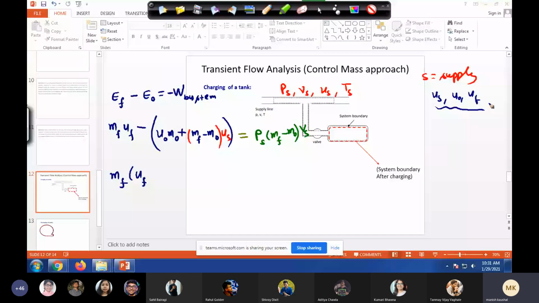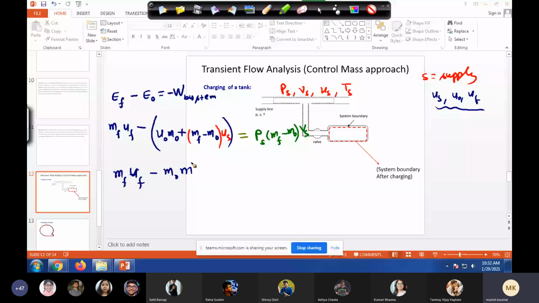Let me arrange this. I'm just trying to arrange it properly. So MF UF is fine, and this, MF minus M0 U0. Anyway, we have solved this problem already; I'm just arranging it in a nice way.